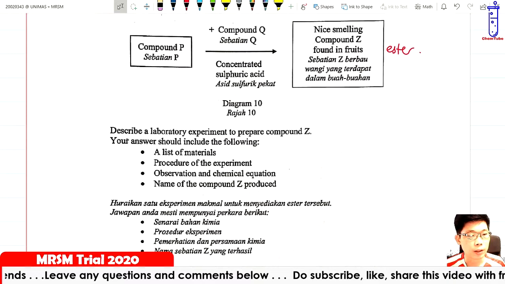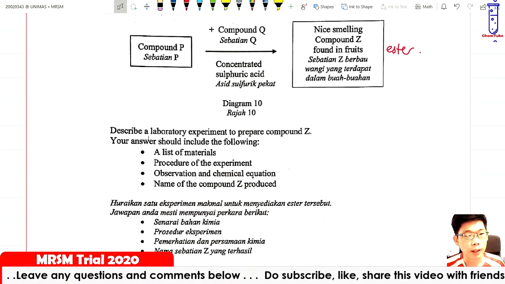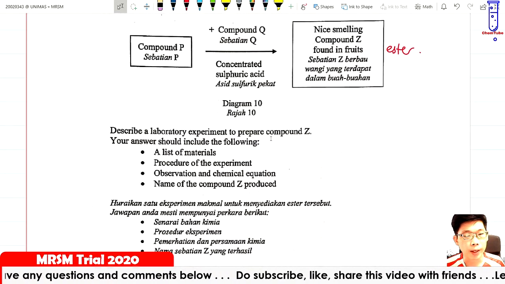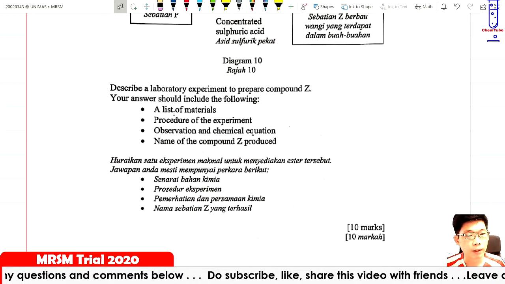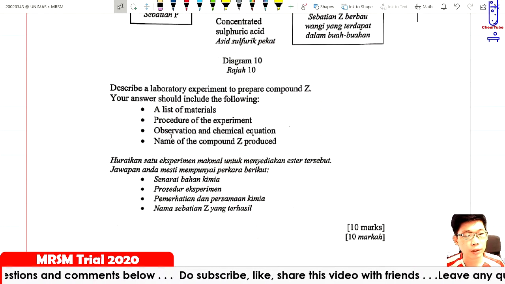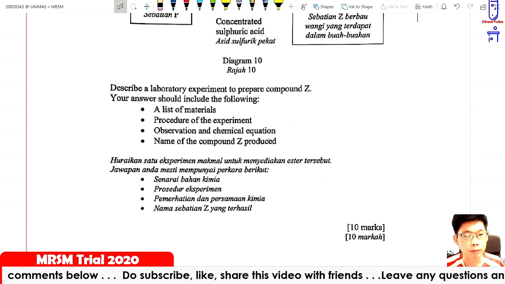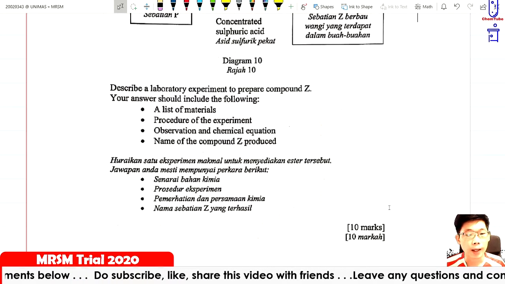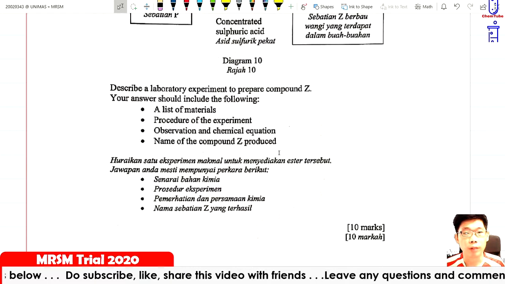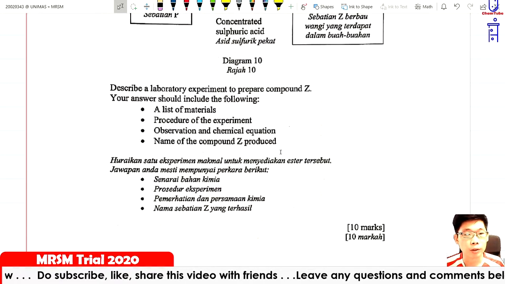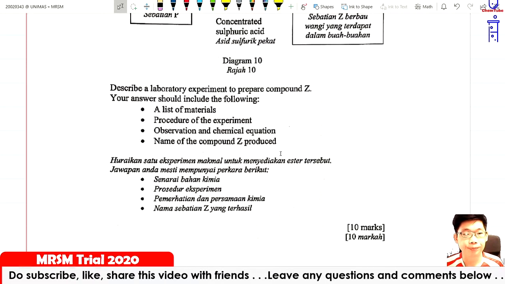Then you need to describe a laboratory experiment to prepare Z, and list the materials, procedure, observation, chemical equation, and then name the compound Z formed.